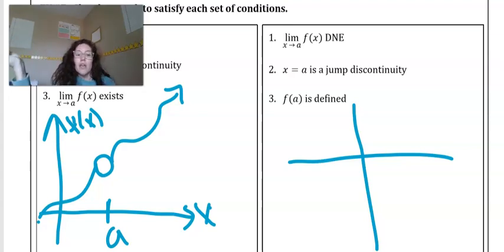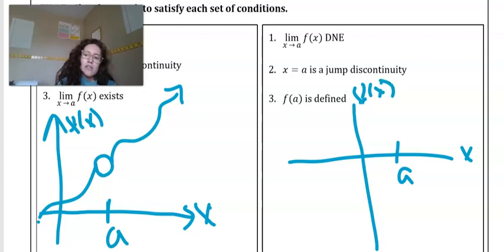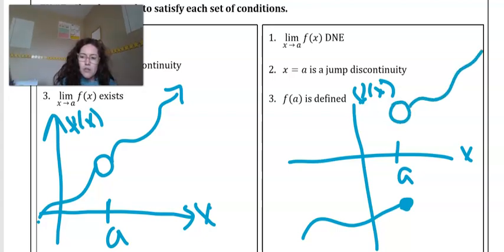All right, so it wants a jump. A. This is my x. This is my f of x. So I'm going to go with a jump, and I'm going to say a is defined. It's that right there. And then it's going to jump right there.